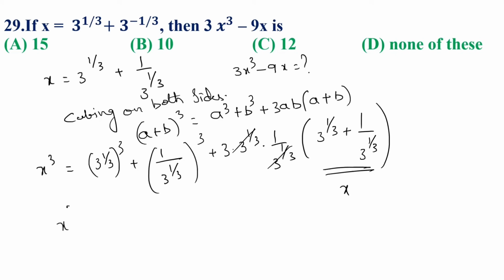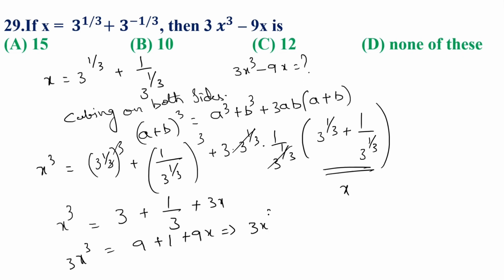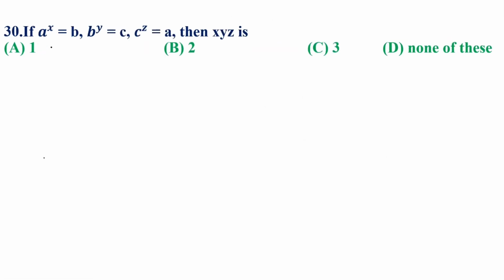So x cube is equal to 3 plus 1 by 3 plus 3x. So 3x cube will become 9 plus 1 plus 9x. So it will be 10. So what they asked, 3x cube minus 9x, is equal to 10. So option B is the correct answer.